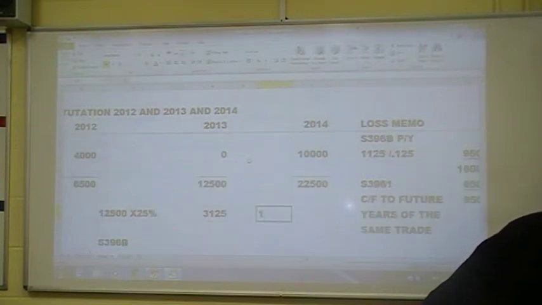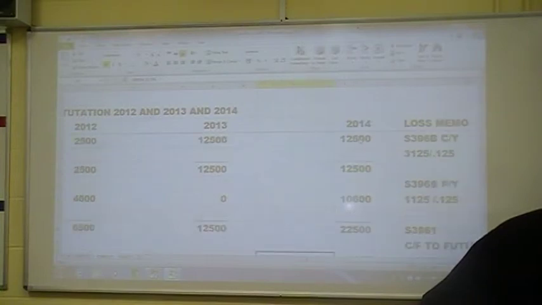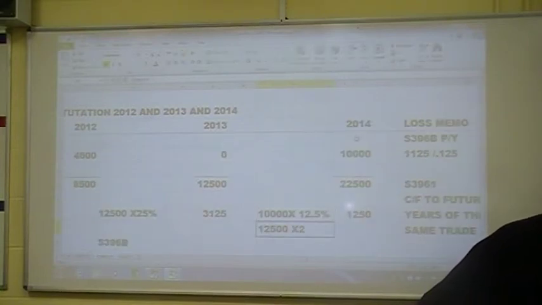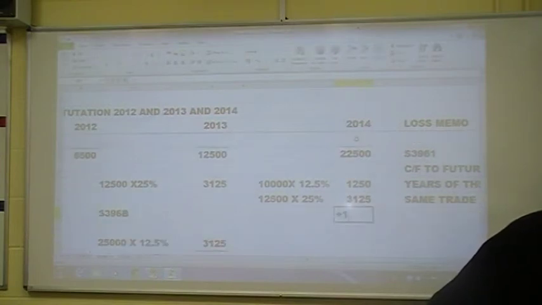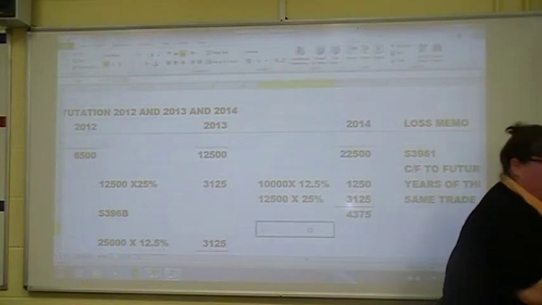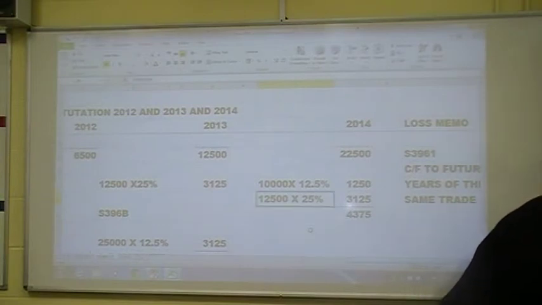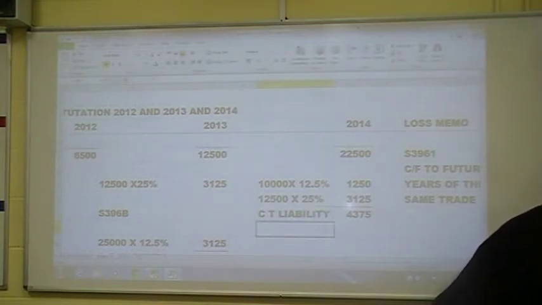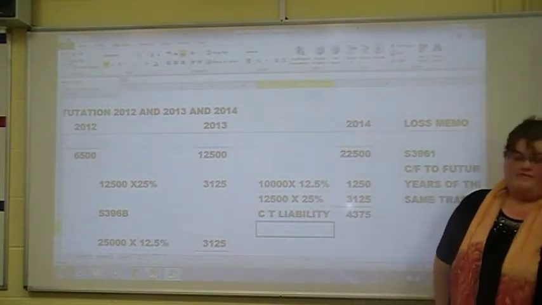So 10,000 by 12.5% is 1,250, and then 12,500 by 25% is 3,125. So that's our CT liability of 4,375.